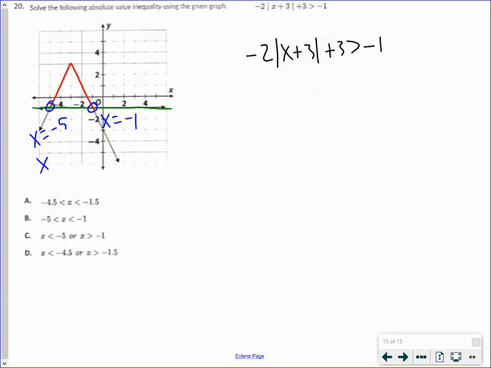So we want x is greater than negative 5, and x is less than negative 1. It's a compound inequality since we only have one portion of the graph as our answer choice. So we want x to be less than negative 1 and greater than negative 5. That's what our answer should be. Or in other words, our answer choice for this problem is B.